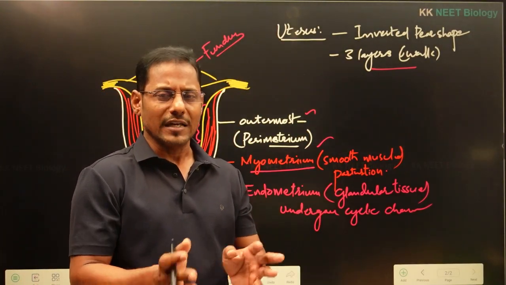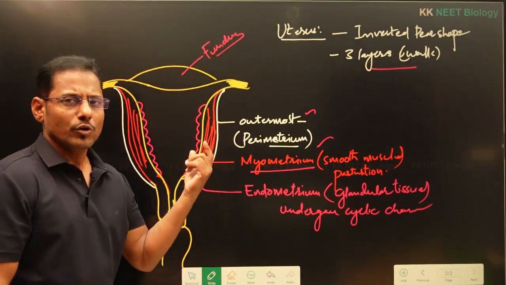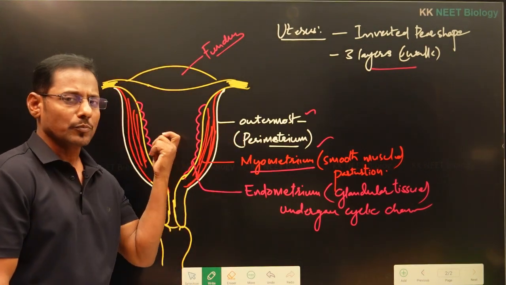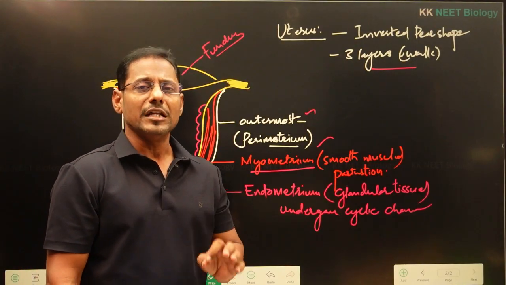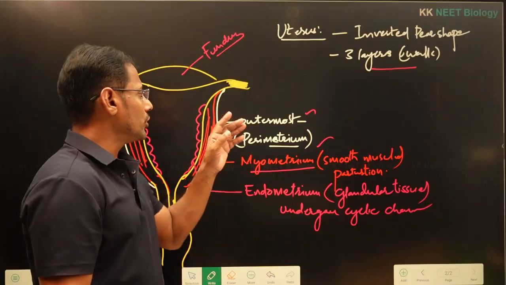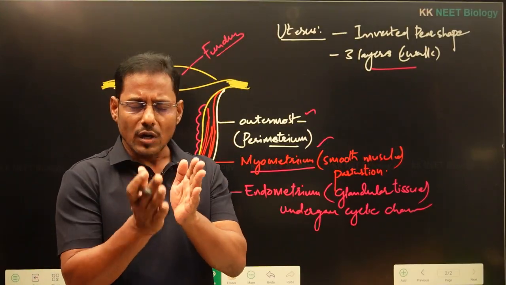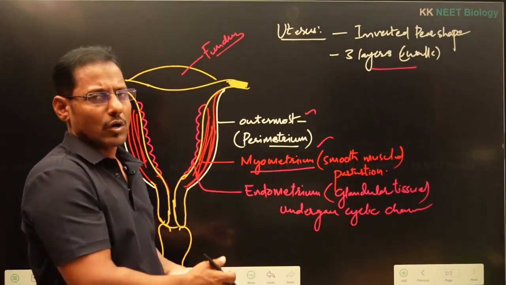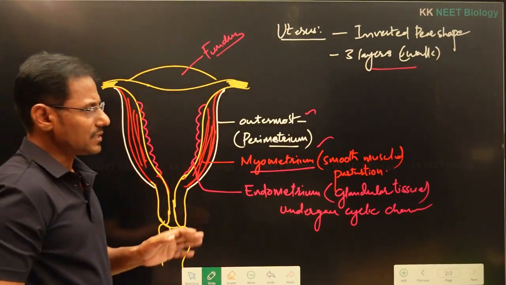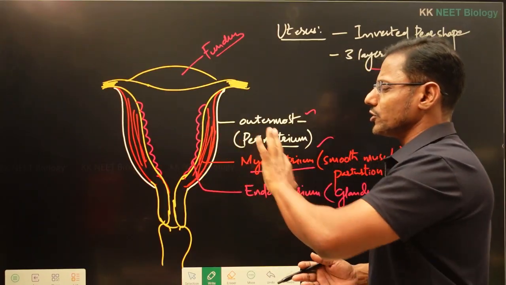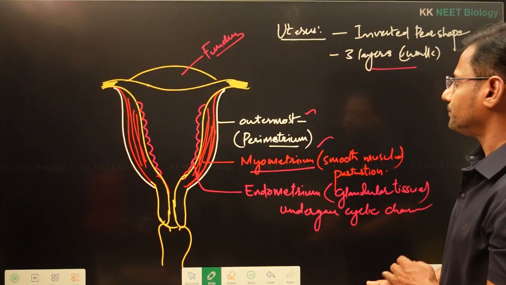So if fertilization takes place, this endometrium is going to play a vital role in the development of the embryo. If the fertilization doesn't take place, what happens? This is going to shed off from the walls of the uterus and it goes out. It throws out, right? So this is the complete information about the uterus, right?